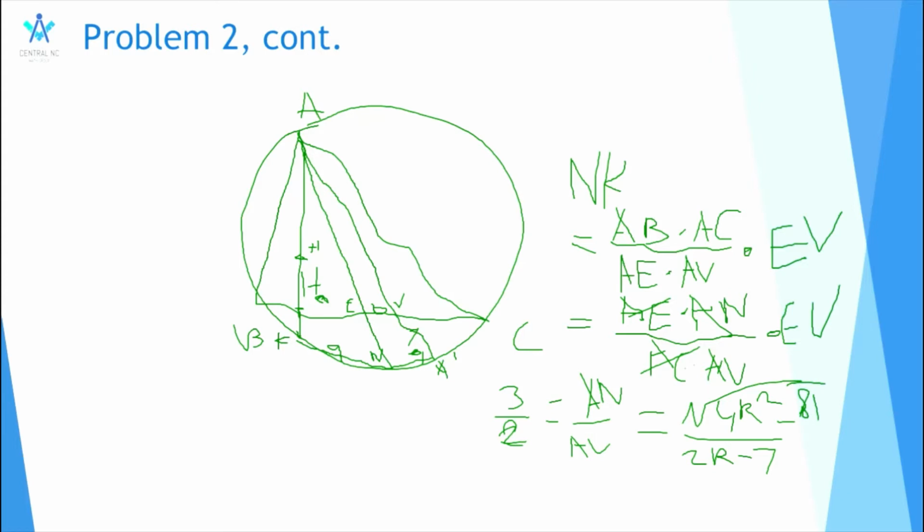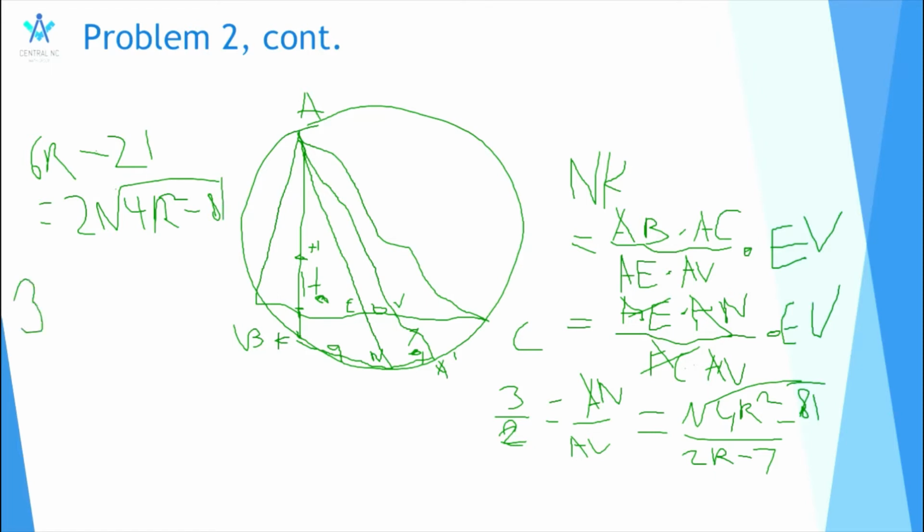Now we have r, so we just solve. It looks like it's going to be a quadratic. Let's find out. 6r minus 21, we're cross multiplying, equals 2 root 4r squared minus 81.